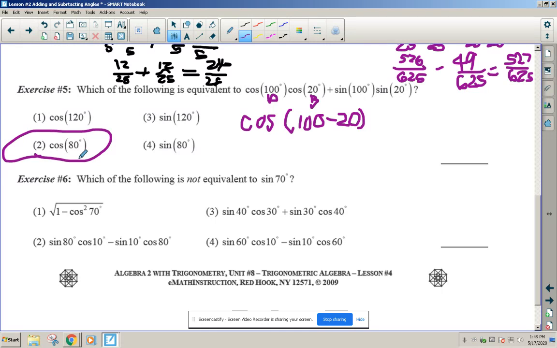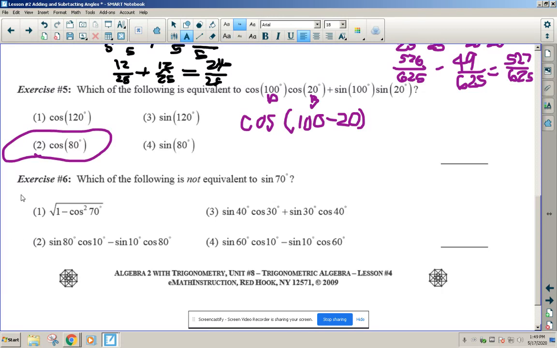Now, the last one's a little bit of a challenge because I want to know which of the following is not equal to the sine of 70 degrees. And this guy here has a squared on it. So this one's telling me they used the Pythagorean identity. They were using sine squared. I'm sorry, I went a little too fast. Actually, I think I might type this one. It's a little too hard.